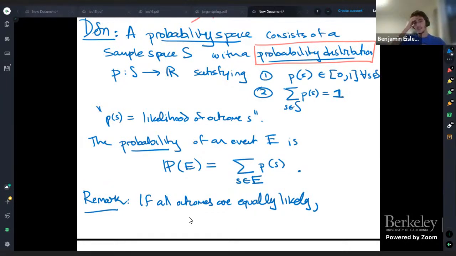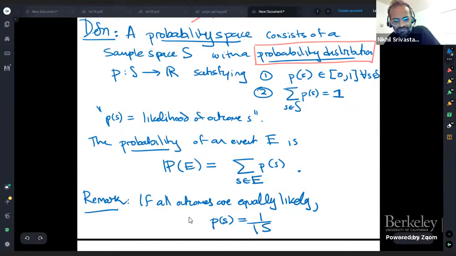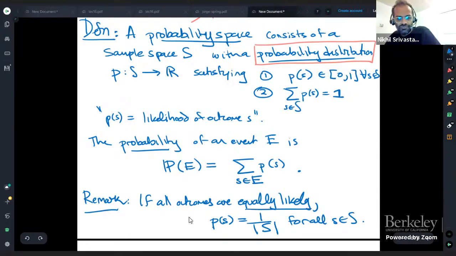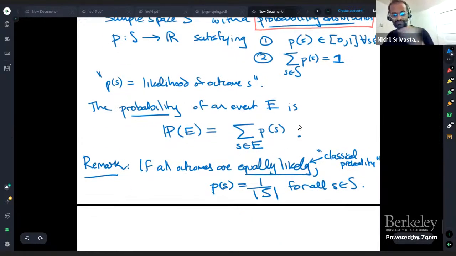Is P of s equal to 1 over the cardinality of S? Yeah, it's just equal to 1 over the cardinality of S for all s in the sample space. So this equally likely case is the so-called classical probability, although nobody really calls it that, but in the book it's called that. So this is the only generalization.